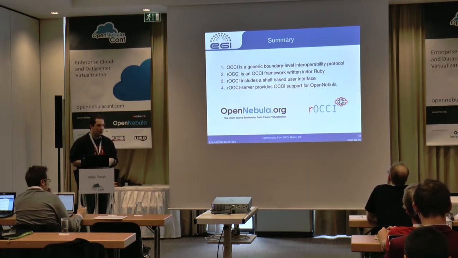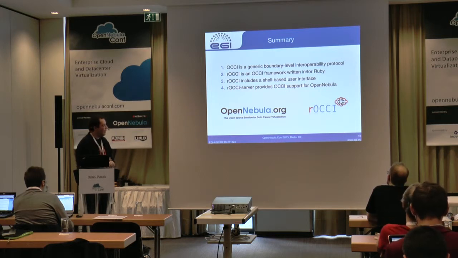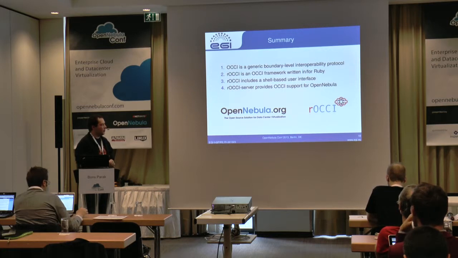So you actually need Ruby to develop anything with the rOCCI framework. rOCCI also includes a shell-based interface, as you've seen, rOCCI CLI, which will actually allow you to use the framework without any additional development. Just launch from the command line, and you will be able to perform actions. And then rOCCI server provides OCCI support for OpenNebula and soon for other platforms.